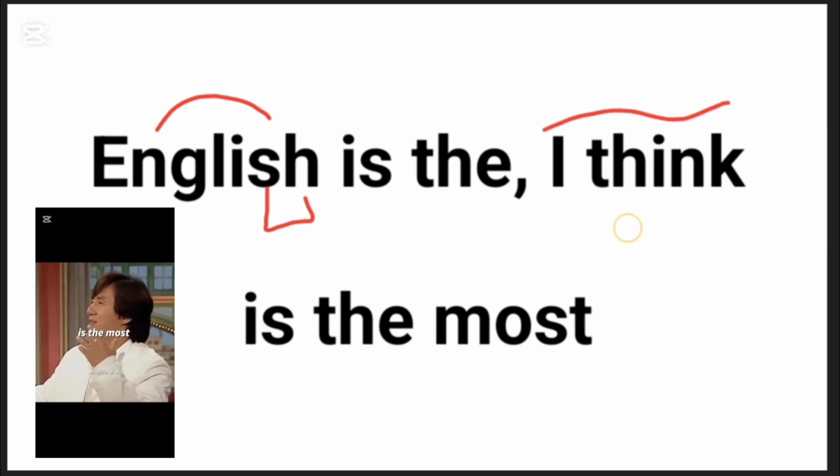And look at this word think. We pronounce this word think, but actually the correct pronunciation like a native speaker is think, th sound, think. I think is the most.